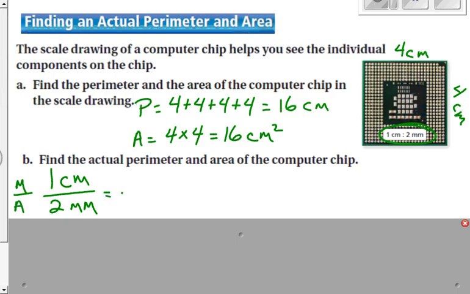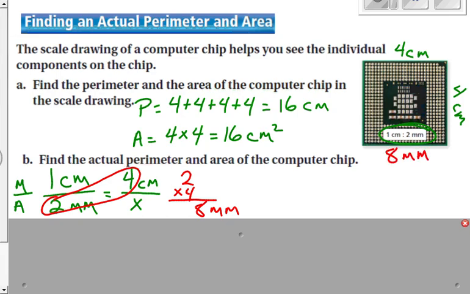In our model, what did we measure? We measured it to be 4 centimeters. So we need to know how many millimeters that is. Again, we are going to simply multiply 2 times 4, which is 8. Divide that by 1, we still get 8. So we know that it's really 8 millimeters long.